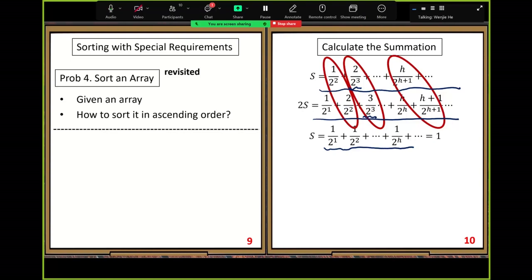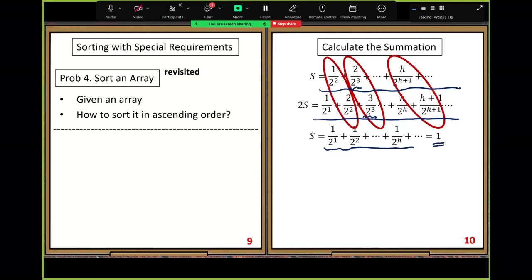This is a geometric series. The summation of this geometric series, power of 2, the numerators are all 1. By the formula, we can easily calculate it equals 1.